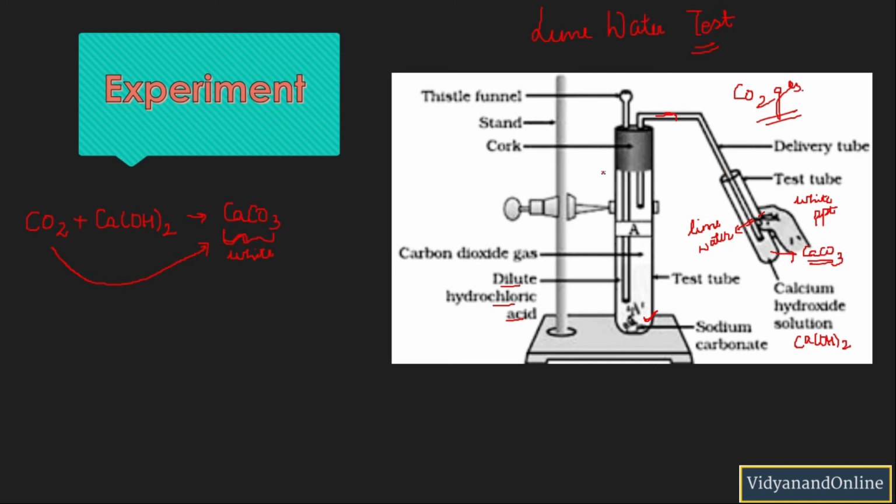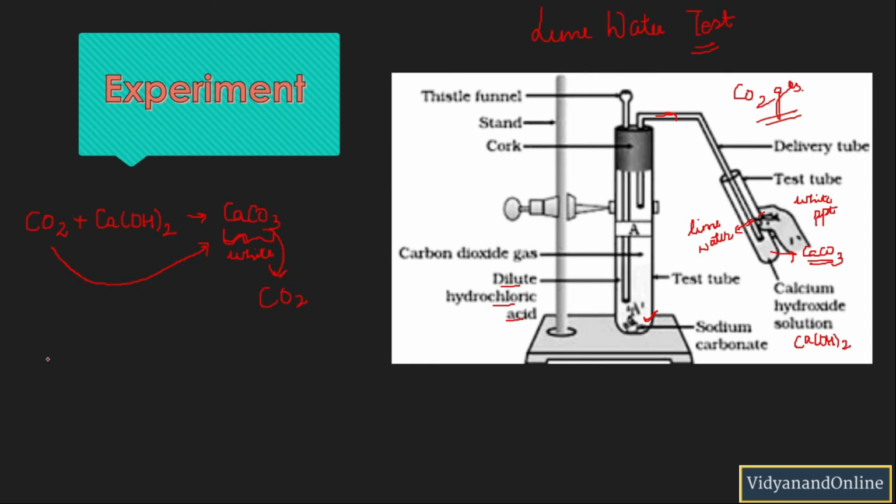So now what will happen? This calcium carbonate starts reacting with carbon dioxide because we have not stopped the insertion of carbon dioxide right now. So this calcium carbonate will react with carbon dioxide and form calcium hydrogen carbonate.